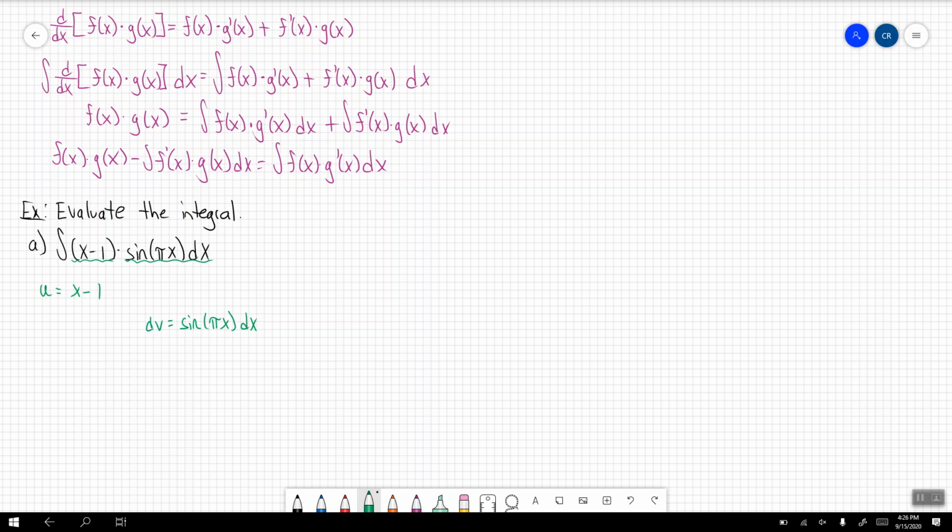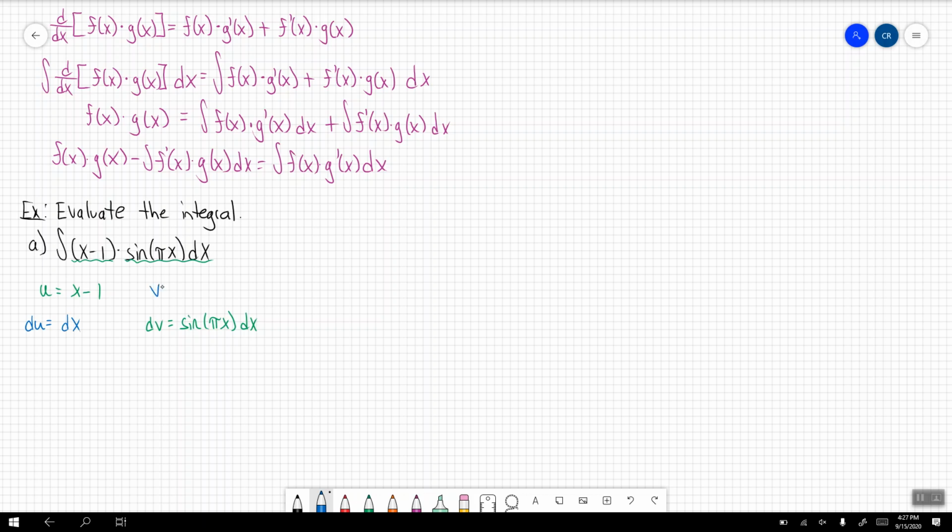So now that we have this, let's identify what du is going to be. In this particular case, du will just be the derivative of x with respect to x, and that's going to be 1, so that's just dx. Okay, that's not too bad. And then for dv, we're going to have to find the antiderivative of sine of pi x.